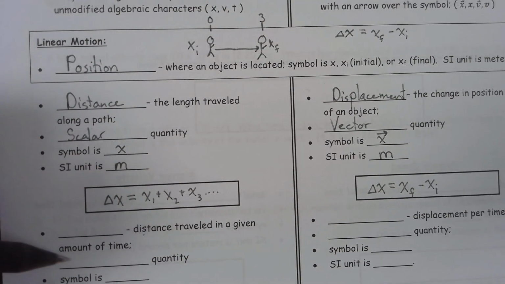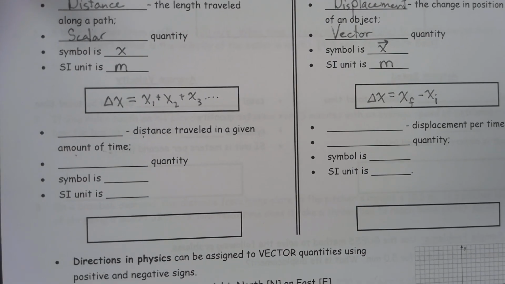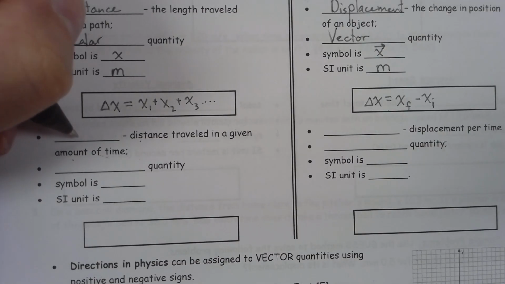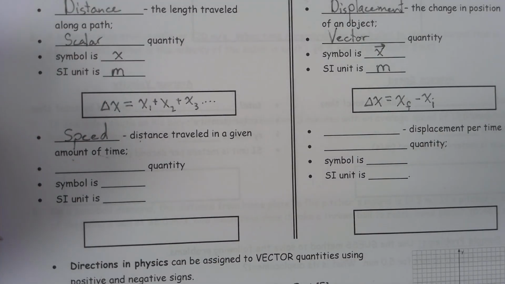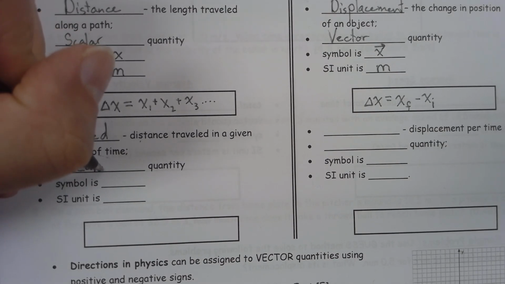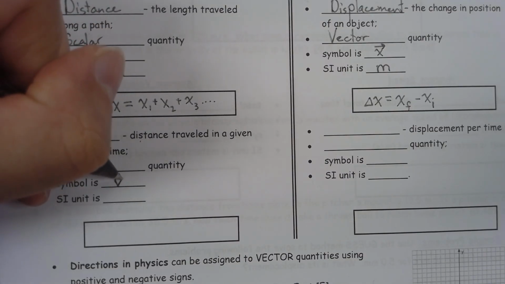Distance traveled in a given amount of time. What goes in this blank? Distance traveled in a given amount of time. What do you think that's trying to say? Elementary school word, yep. Speed. Distance per time. It's a scalar. Speed, scalar. The symbol is v.